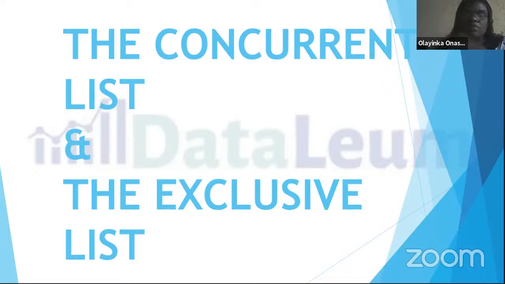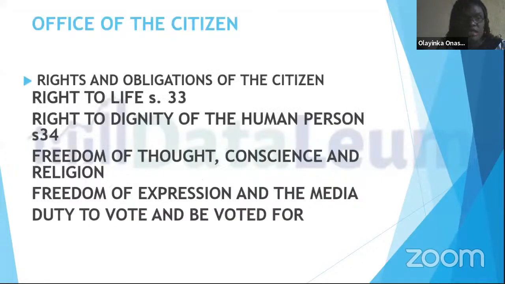It's all under the purview of the federal government. That's where the National Assembly comes in. But where it comes under the concurrent list, it's not exclusive to the federal government, so the State House of Assembly can make laws for this as well. And as I said, when there's an overlap or conflict between the two, the provisions of the National Assembly, which is the federal enactment, prevail. I hope this is clear.